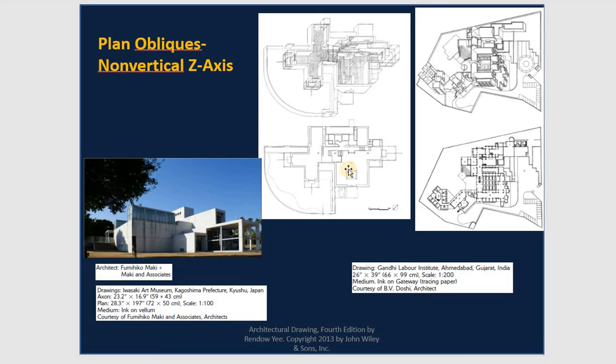This is another example from non-vertical. They do the vertical at a different height, and the axis Z is so different. You can see that some of the building is a different height, not the same.